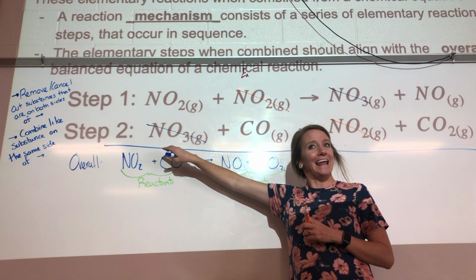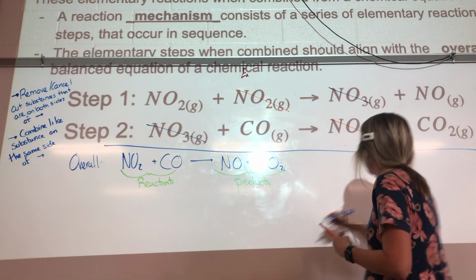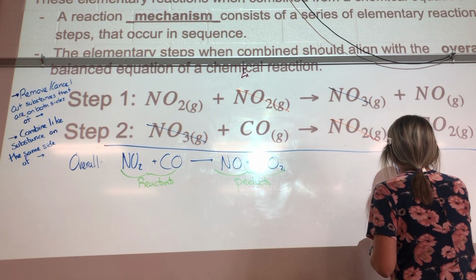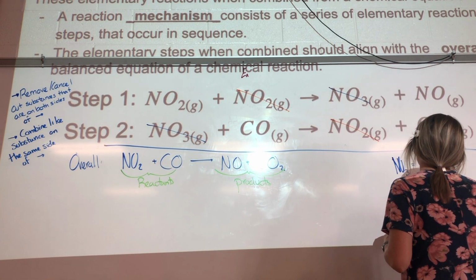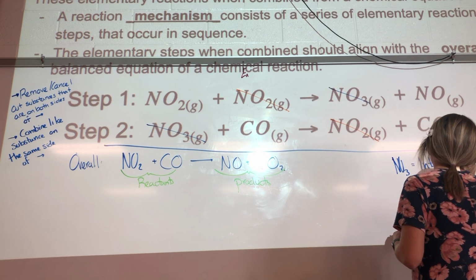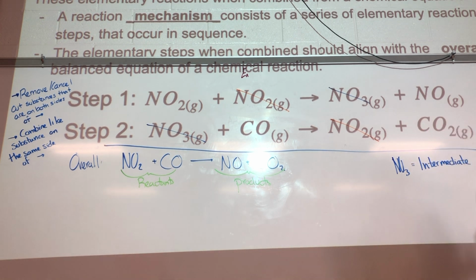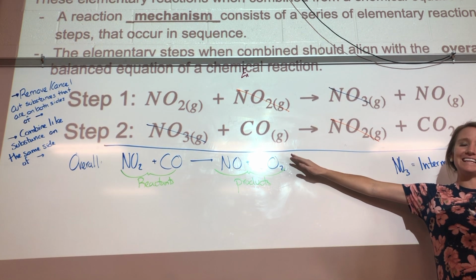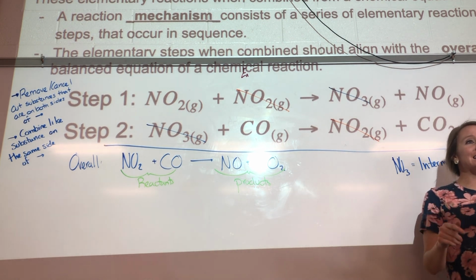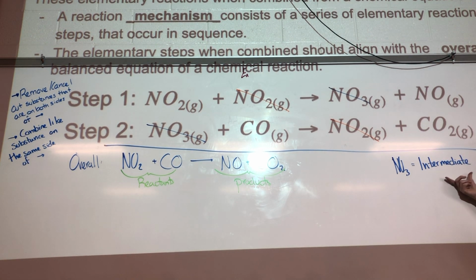I make it and then I eat it. Okay? Yeah. So that's what we call it. NO3 is what is known as an intermediate. An intermediate is made in one step and used up in another, so you actually never see it in the end. But it is stable enough to be detected through lab processes as it's proceeding. If you just let it go to the end, it won't ever have been there.